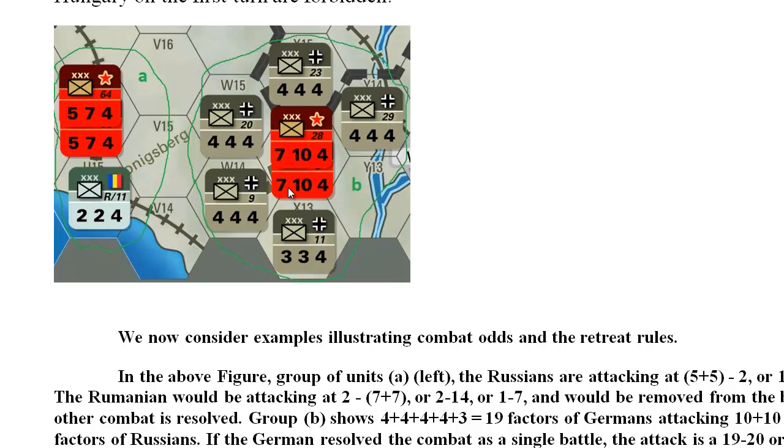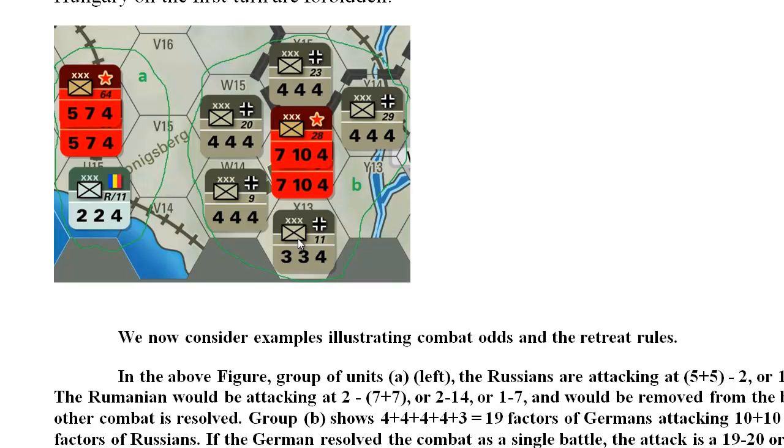We will make the attack as 14 to 19 or 1 to 2. Alternatively, the Russians could split the combat into 2 battles. The 2 battles would involve each of the 2 Russian units attacking some number of the German units. Those would also be legal.